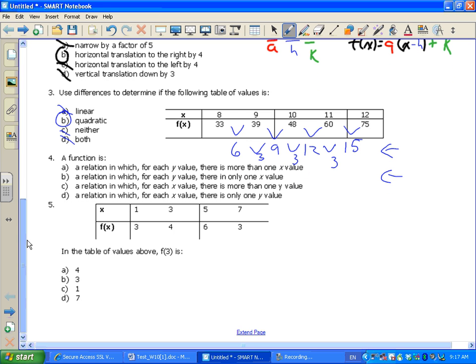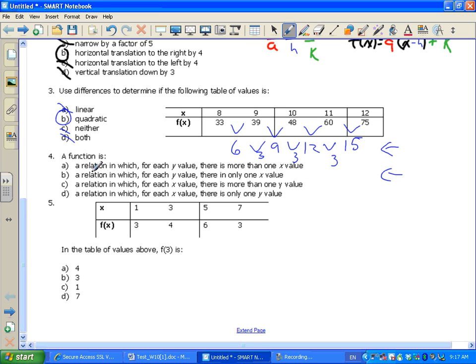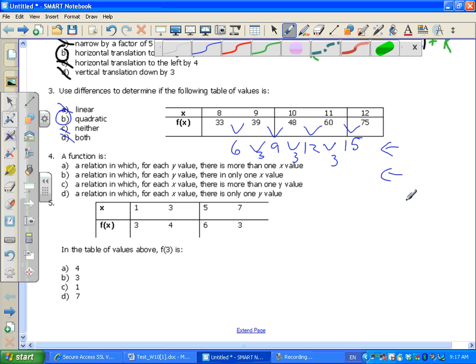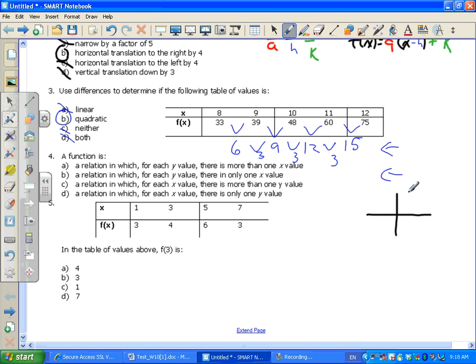Okay. 4. A function is a relation in which for each y value there is more than one x value. True or false? So what the first one says is for each of our y values, we have a 4. So let's say we have 1, 2, 3. There is more than one x value.